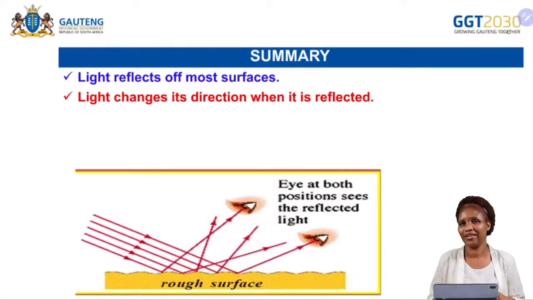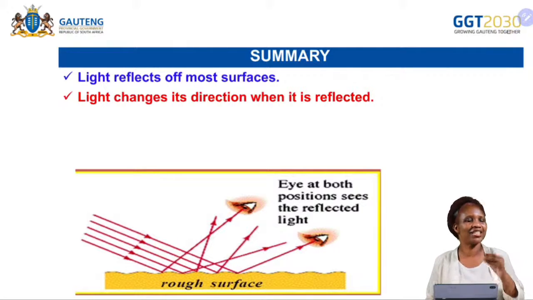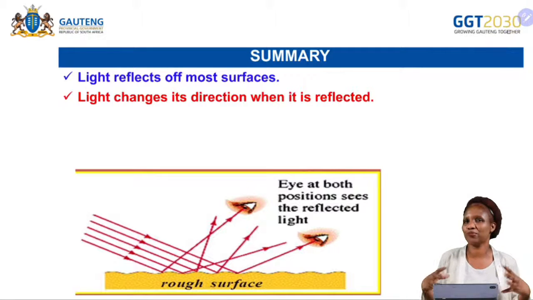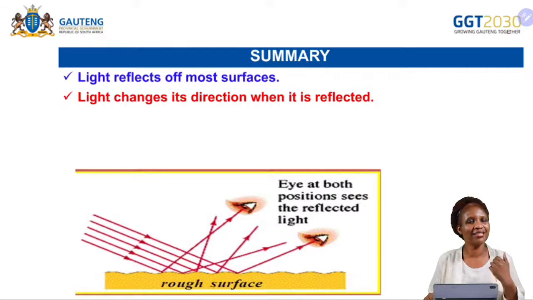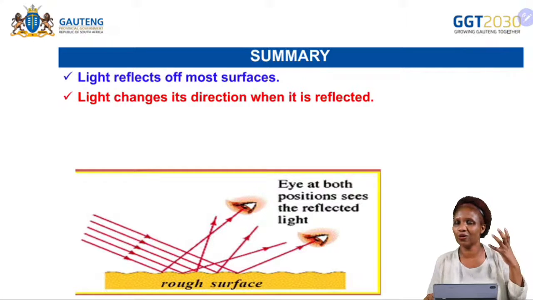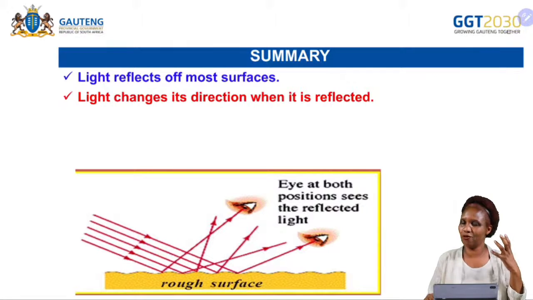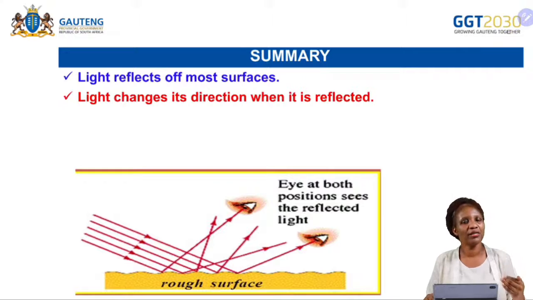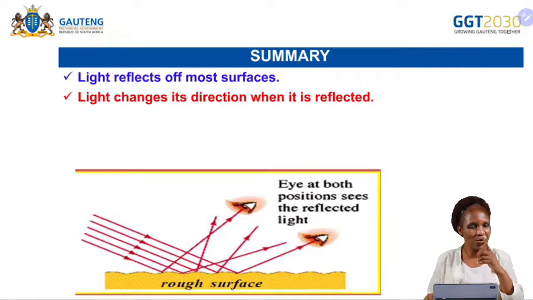If we see a certain color, it means the other colors are being absorbed in that surface. For example, if white light strikes a green leaf, we're going to see a green leaf. Why? Because the green will be reflected to our eye.